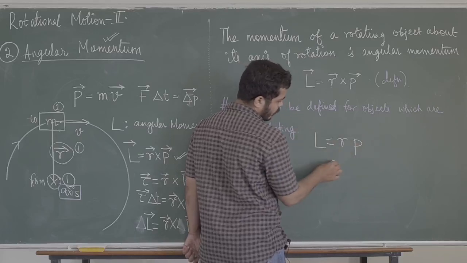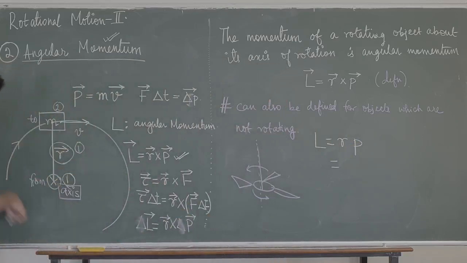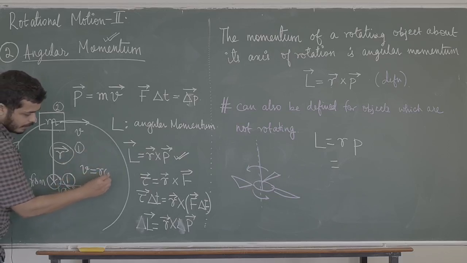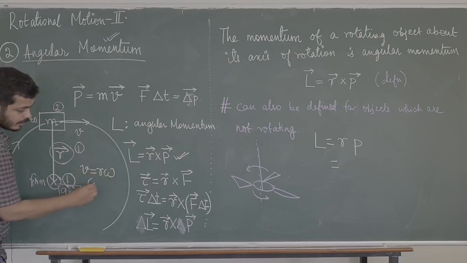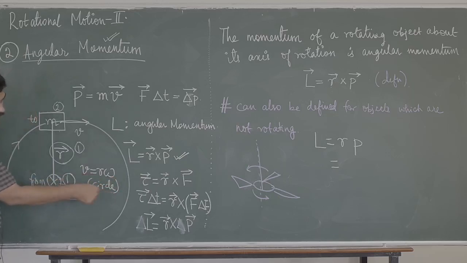What is the value of p? If something is rotating like this, because this is circular motion, you can write v is equal to r omega. This is not because it is rolling, it is because it is moving in a circle. Whenever something is rolling, I won't write circle. But because it is circular motion, v is equal to r omega.